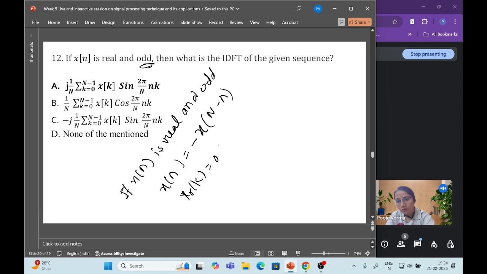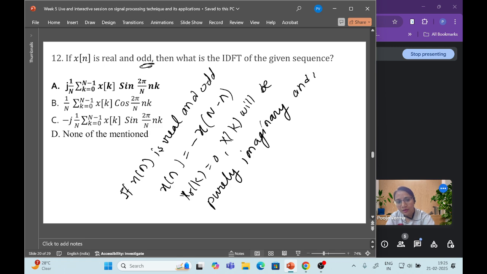So X of k will be purely imaginary and odd.